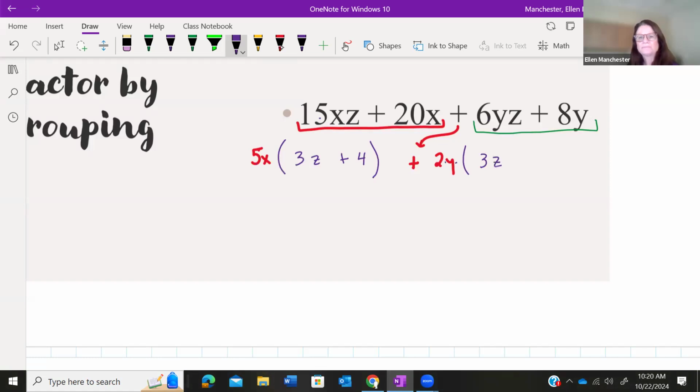I have a z. 8 divided by 2 is 4, and the y's cancel. Do you notice these are the same? Since those are the same, then I can factor one more time. So greatest common factor, this is in common, and what's left goes in the other set of parentheses.